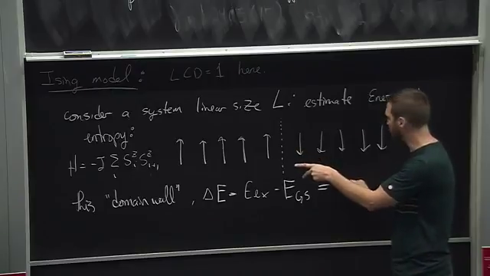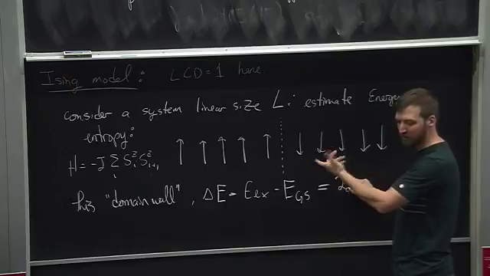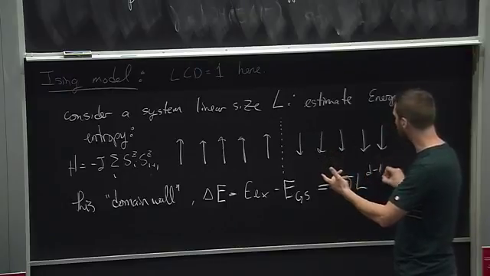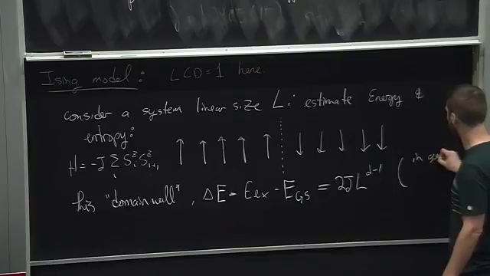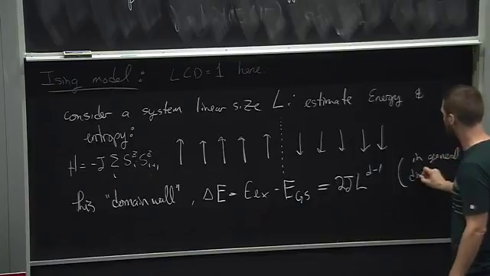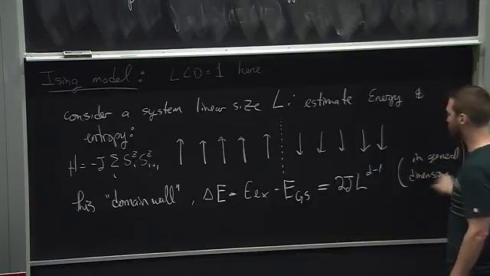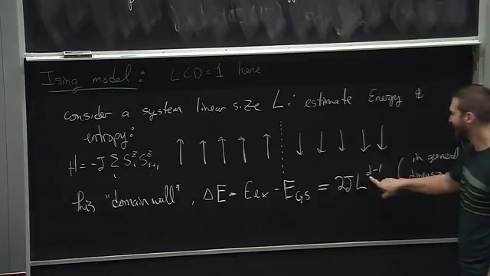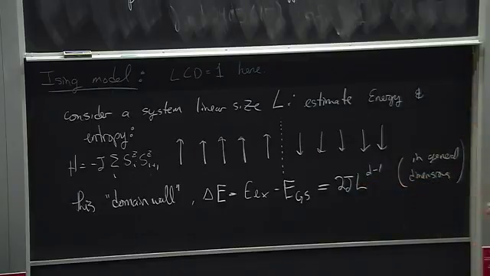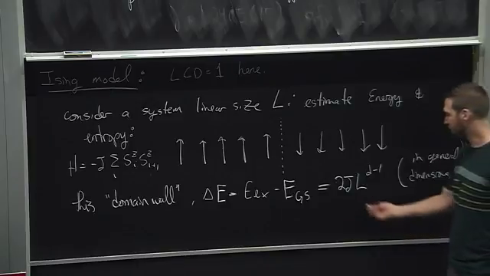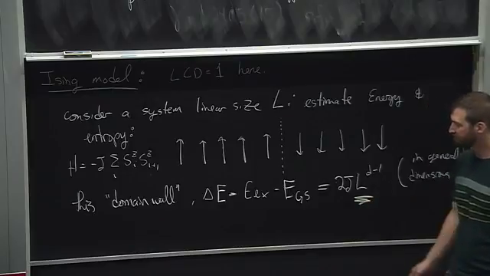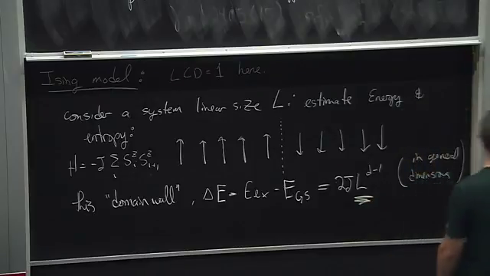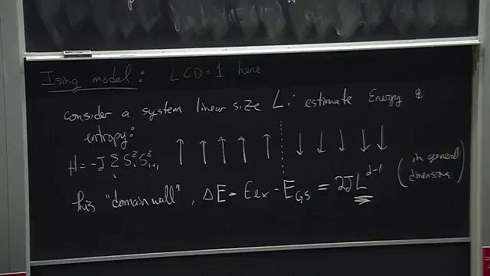So it would be 2J, right? You're changing things by 2J L^(d-1), which reduces when d is 1 to just something like 2J. Let's just keep this in there to keep things general. That's the energy, 2J. What's the entropy?